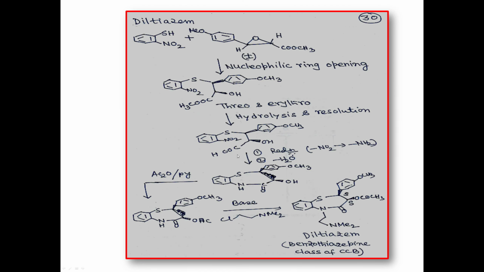Now we will go to another drug, diltiazem, which also targets the calcium 2+ ion channel. So let us consider orthonitrothiophenol, and this is an epoxide ring, that is a benzene ring attached with the epoxide ring.